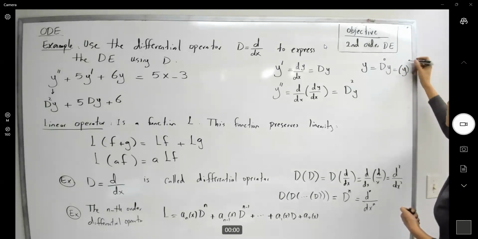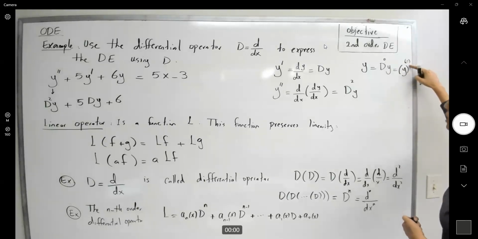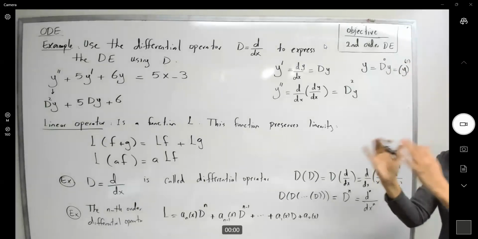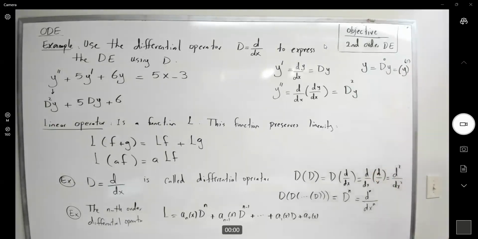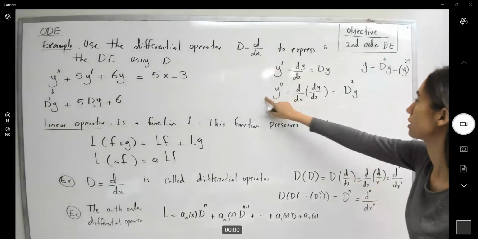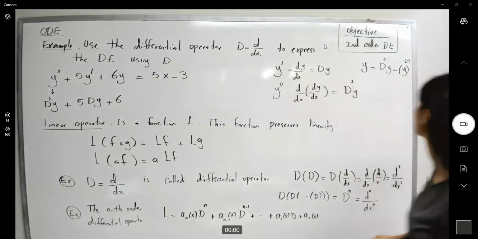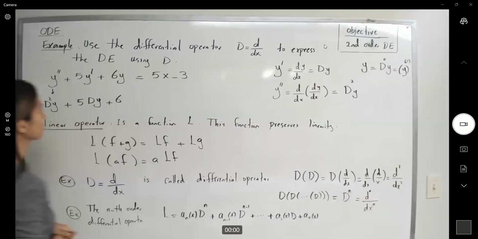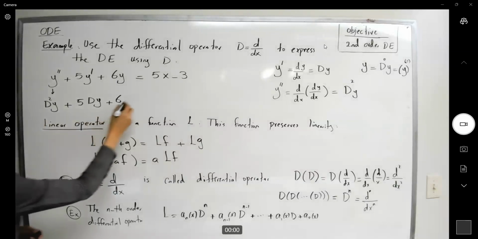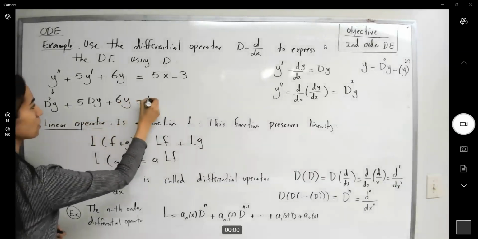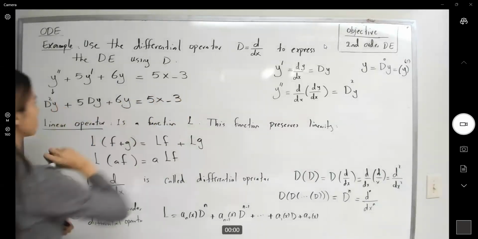I'm putting that inside the parentheses to denote that I'm taking the zeroth derivative of the function. The first derivative, the second derivative, and the zeroth derivative. So plus 6y is equal to 5x minus 3.